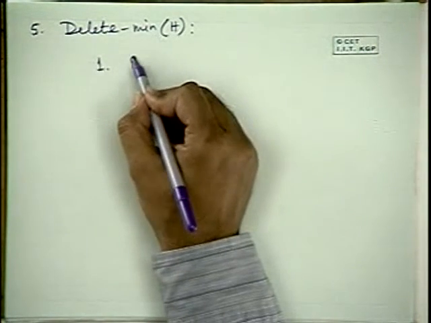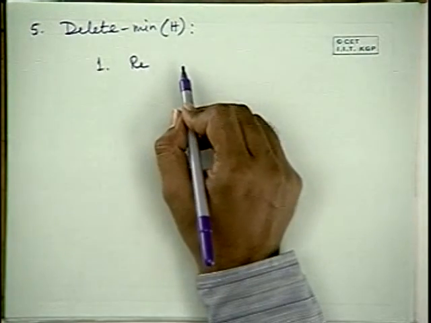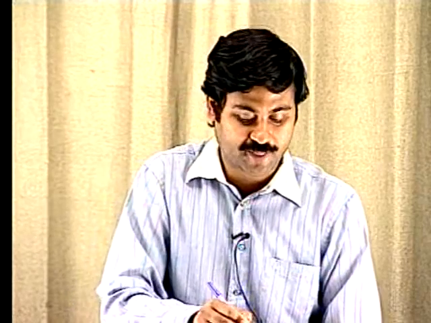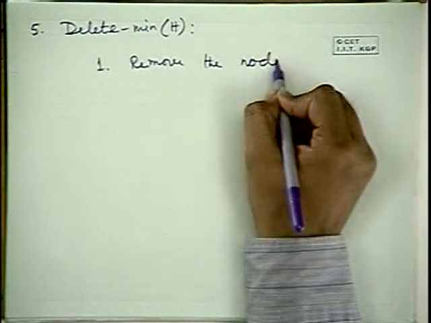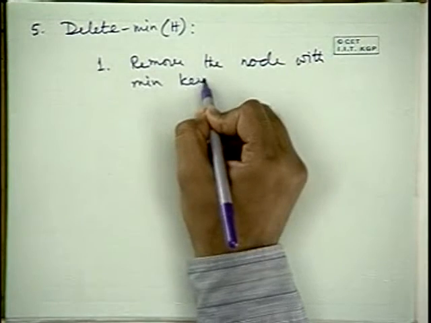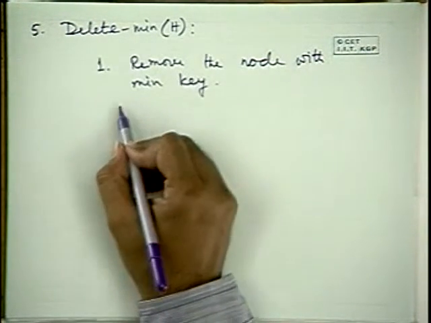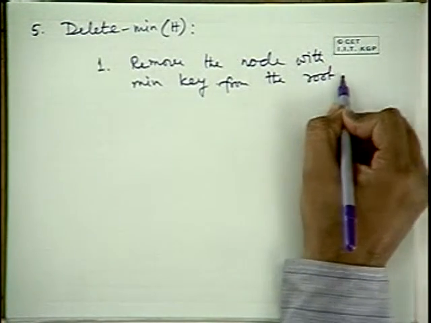This is the first non-trivial operation actually, and this is really important. This is the operation where we readjust the tree a lot, and this operation pays for the other operations. So here it is: remove the node with minimum key from the root cycle.